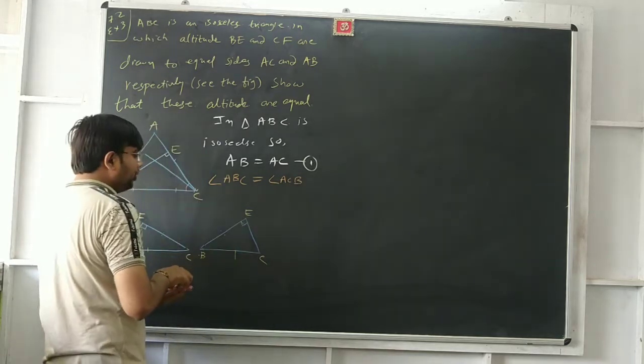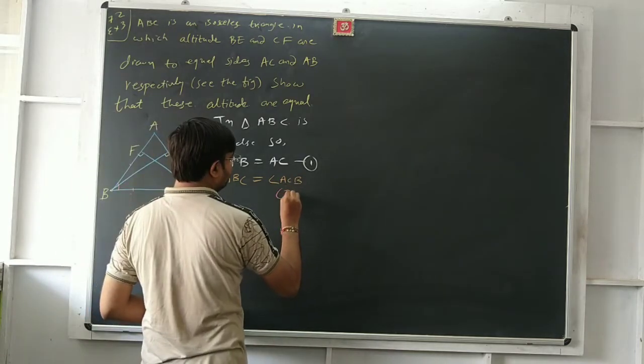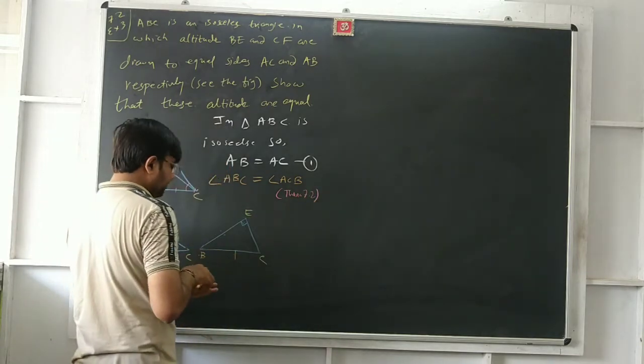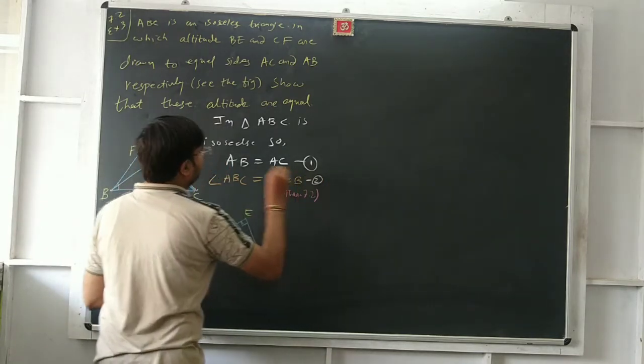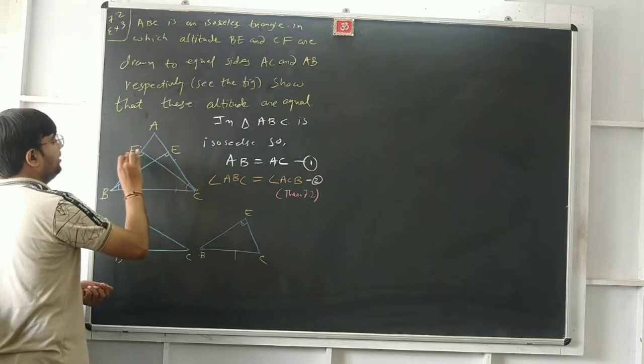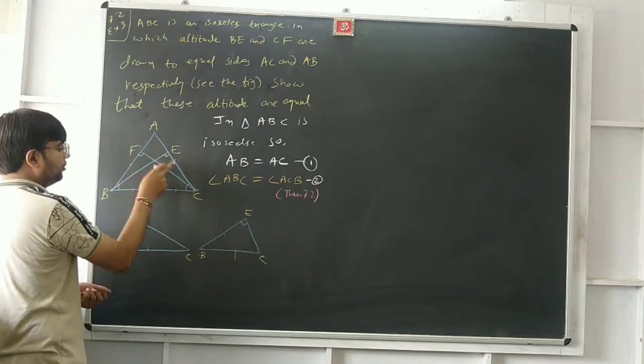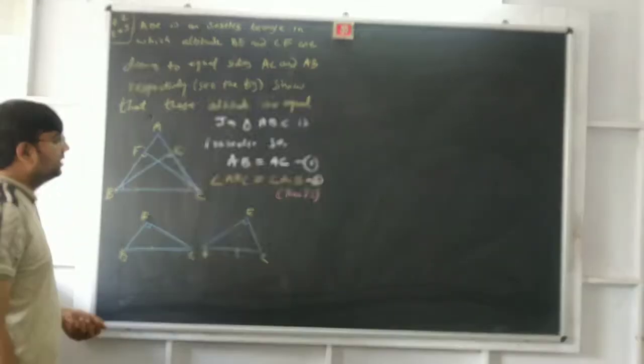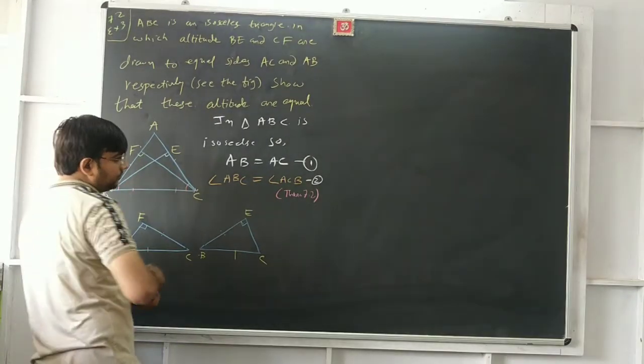Why? Theorem 7.2. Because AB and AC are equal, the opposite angles should be same. ABC is equal to ACB. Okay, this is equation number 2.